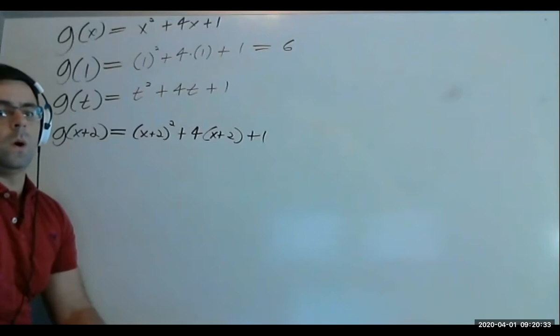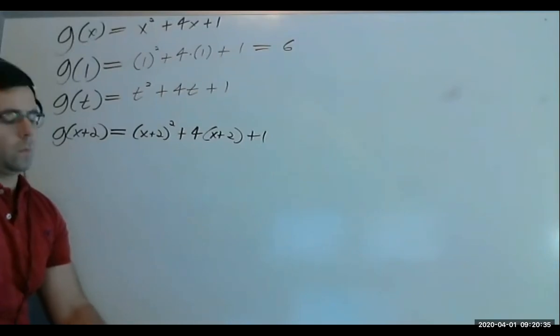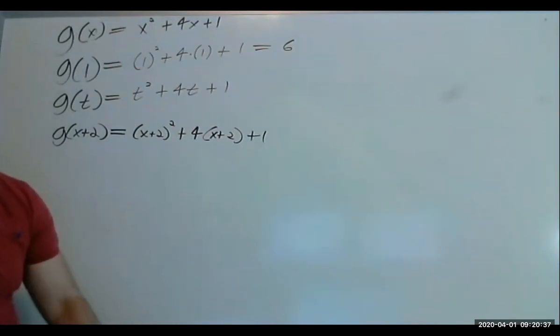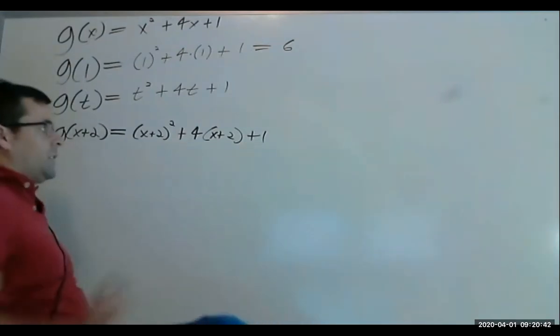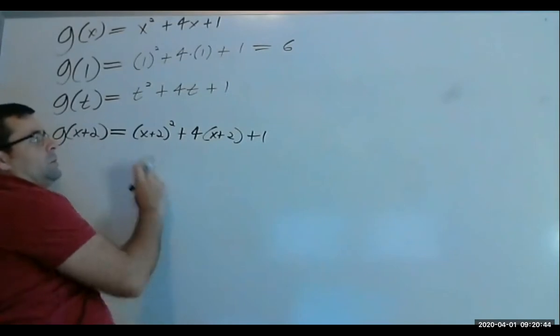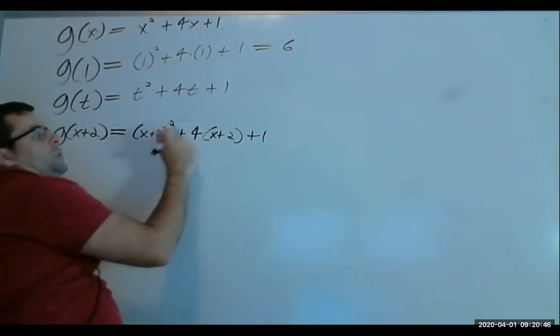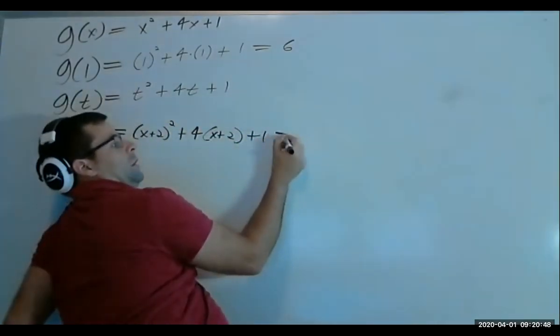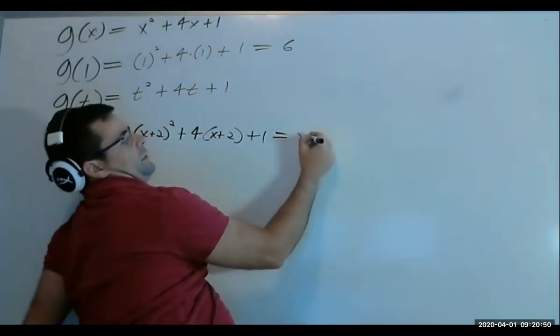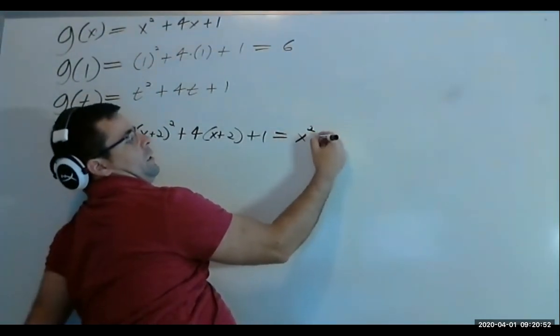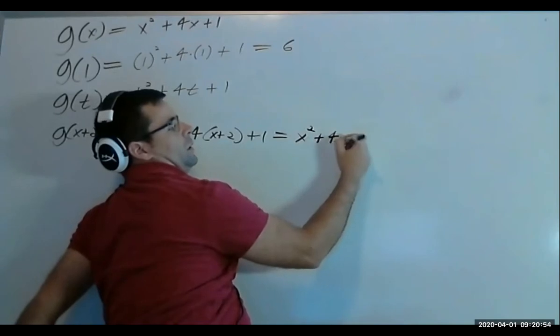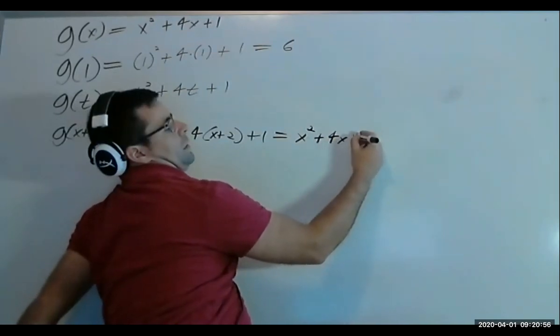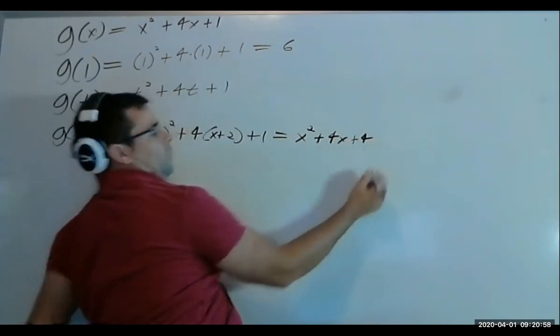From here, and always, we need to simplify before we report an answer. So we actually have to multiply these things out. X plus 2 squared is x squared plus 4x plus 4.